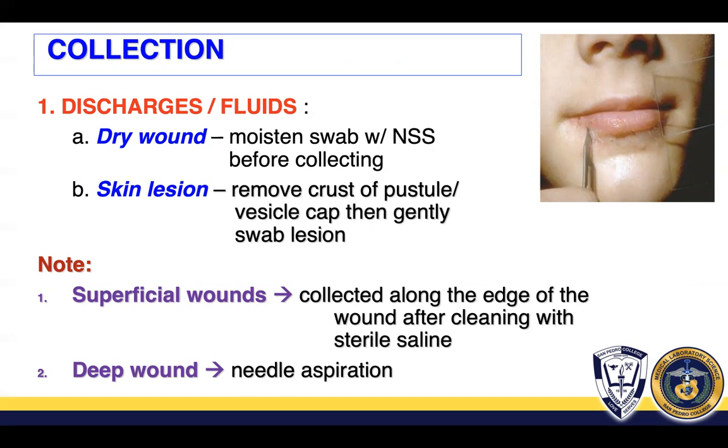And then for superficial wounds, okay, collect along the edge of the wound after cleaning with sterile water. Okay. For deep wounds, use needle aspiration. So needle aspirate is the best method for deep wounds because this will avoid contamination of normal microbiota, and also it enhances recovery of anaerobes, which are often associated with wound infections and abscesses. Okay.